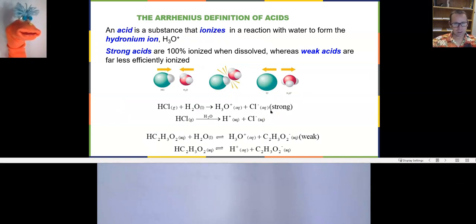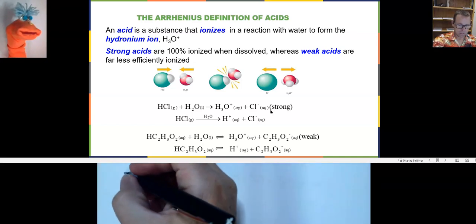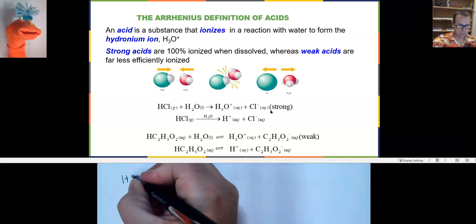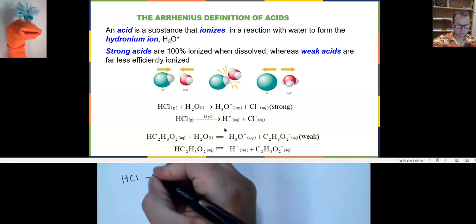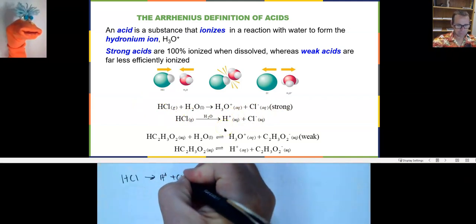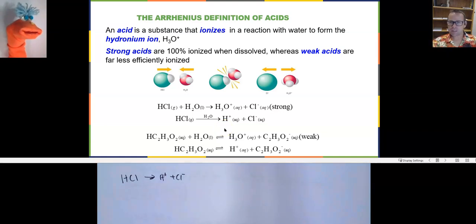Now, we have talked about acids being molecular compounds that dissociate when placed into water. We also talked about how acids start off with hydrogen. So, for example, HCl dissociates when placed into water, into the hydrogen ion and the chloride ion. There's another way to write this that some chemists like to use, and so you have to become familiar with it.